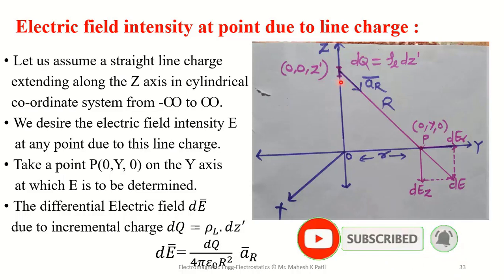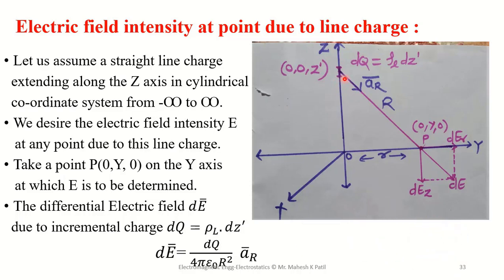We'll assume a straight line charge along the z-axis in the cylindrical form. Means we have kept the line charge along z-axis. Remember, line charge is kept along the z-axis. Now consider the point P on y-axis having coordinate 0, y, 0.